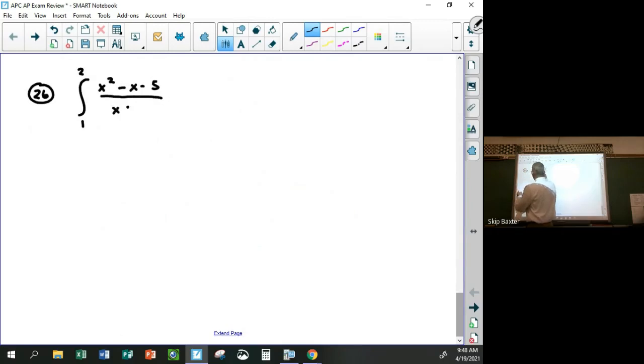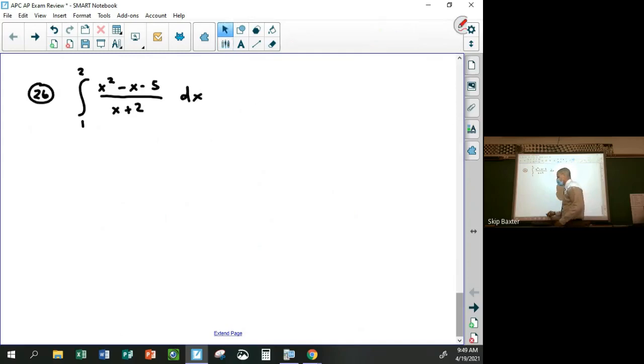It could be a u substitution thing, but that would only work if the u that you pick has its derivative or some constant multiple of its derivative as a factor of the integrand also, and that doesn't really work here. It could be an inverse trig thing, but this definitely doesn't have a form like that. So u substitution is the way to go here. Not u substitution, long division.